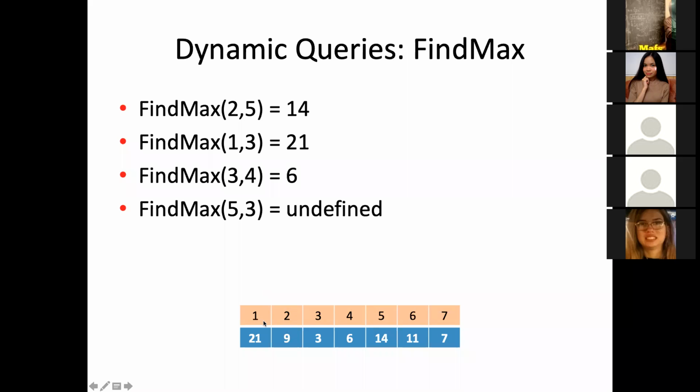Instead, if I ask you what is the largest from 1 to 3, your answer would be 21. If I ask you what's the largest in the range 3 through 4, I have only 3 and 6, so therefore the largest is 6. If I ask you to find the largest from 5 to 3, this is not in the right order, so we're going to say this is undefined. This is a problem we want to solve.